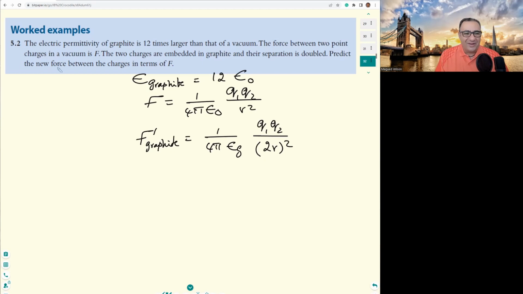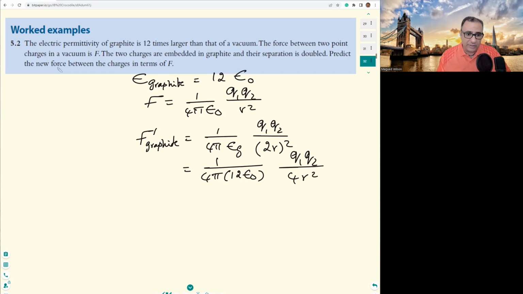Now I can replace epsilon graphite by 12 epsilon naught, which is given, and then Q1 Q2 divided by 4 R squared, since 2 squared is 4.